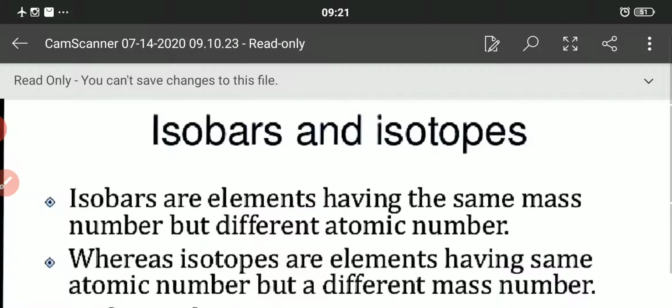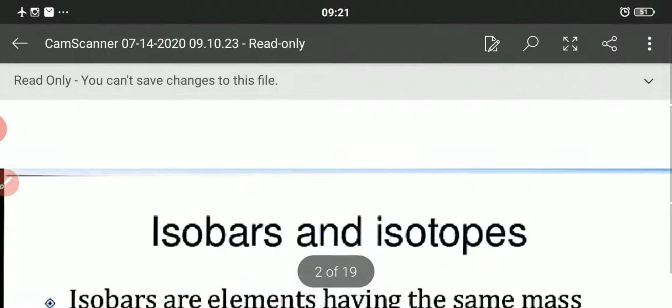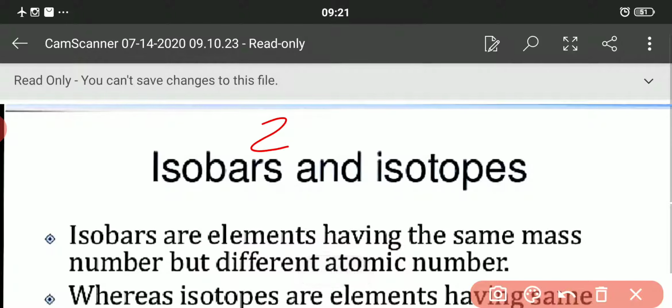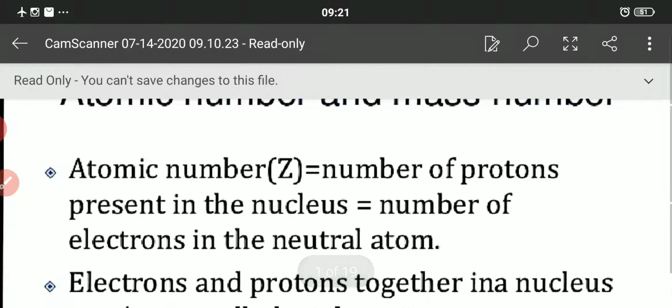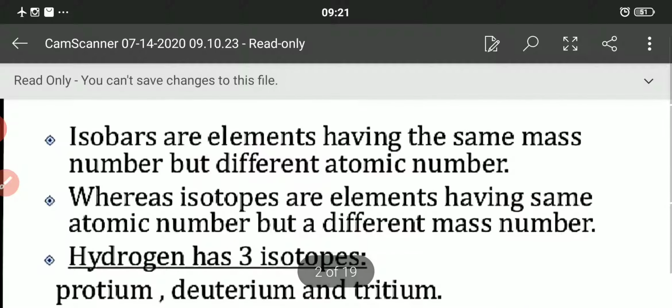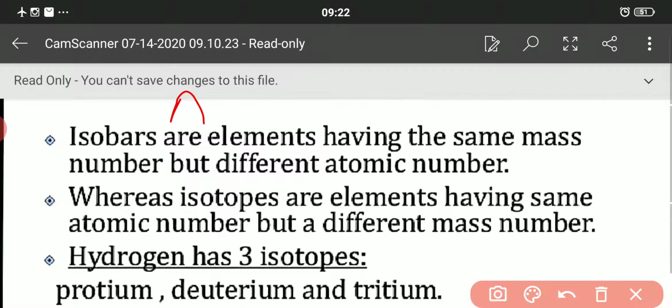Remember what mass number is and what atomic number is. If two compounds X and Y have the same mass number A, but they have different atomic numbers, meaning Z is different, then these compounds are known as isobars.